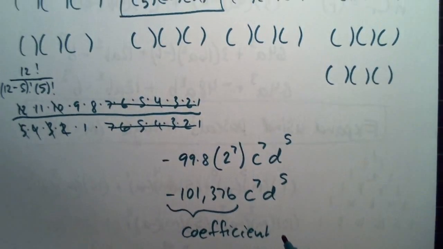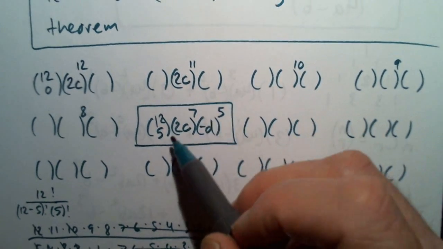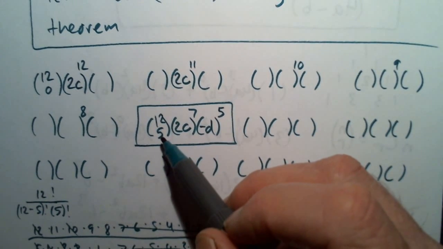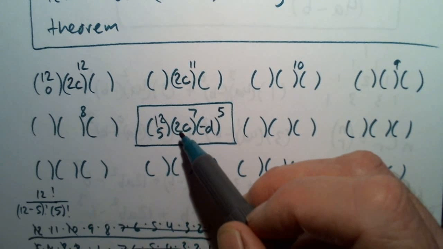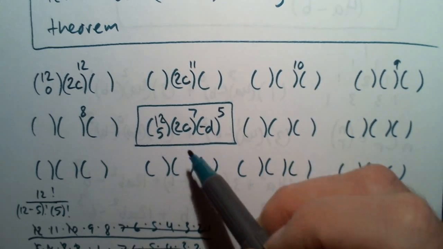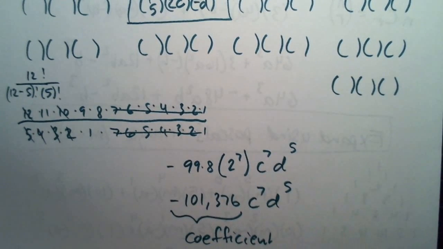Remember that sometimes people say, oh, the coefficient is just going to be the element of Pascal's triangle, but then when we have coefficients inside each of the terms here, these contribute to the coefficient of the final term.